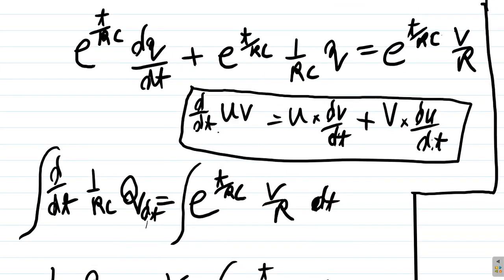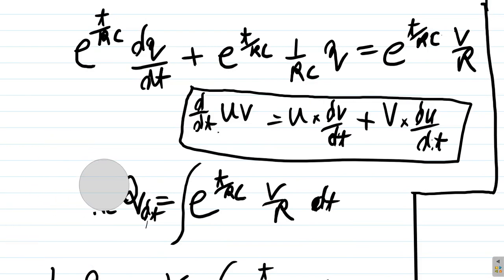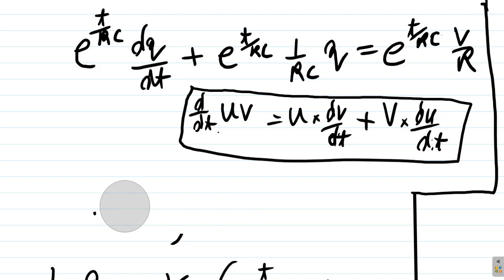Looking back, oh boy, let me go back to this part, because the constants that we wanted, one of them is q, so it's q. The other one is e to the t over rc, right?